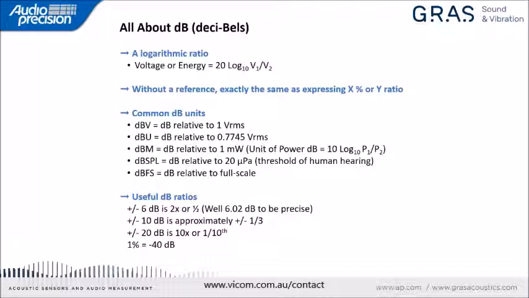Now, we started by describing the linear representation of these units, but something used all the time in audio measurements is to talk about things in dB, or decibels. A decibel is a logarithmic unit, and it's exactly the same as saying percent or ratio. Very simply, if somebody said this is 100%, they could also say this is 6 decibels.